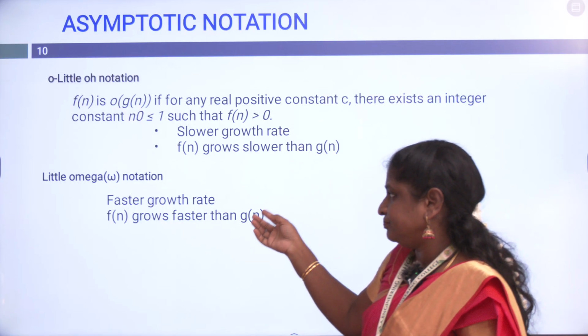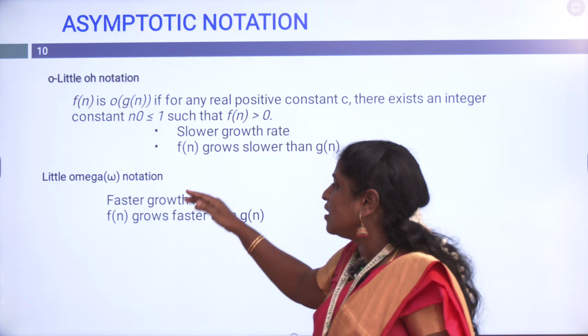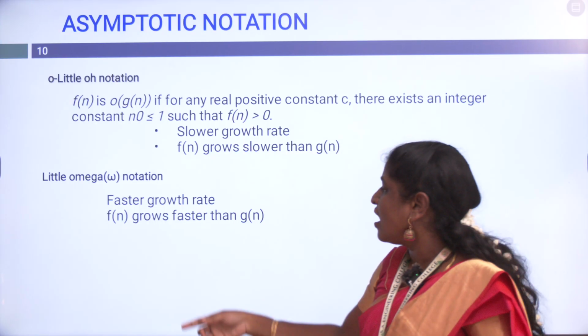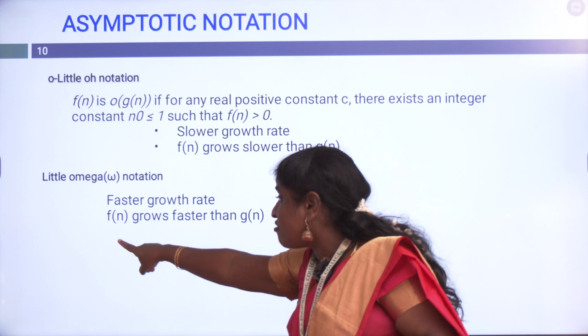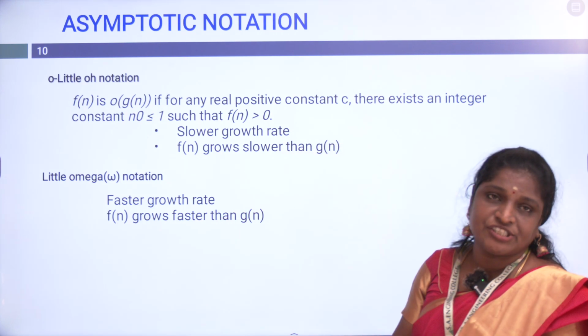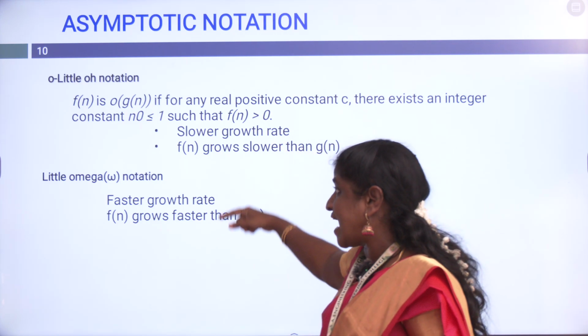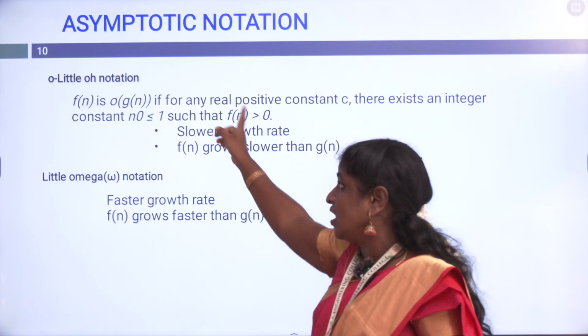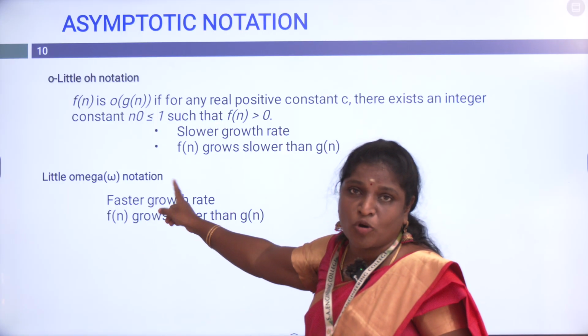And for little omega notation, it is the faster growth rate, and the condition is f of n grows faster than g of n. So these are the key points we have to remember while assigning little o notation and little omega notation.